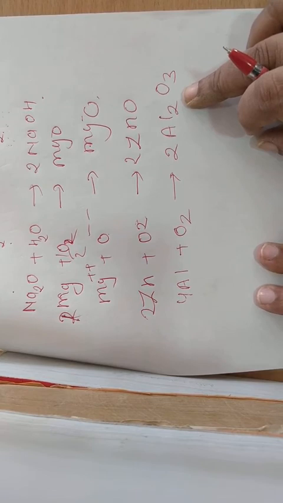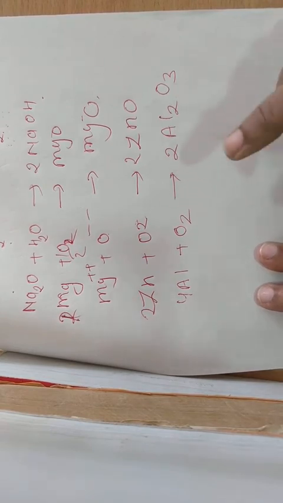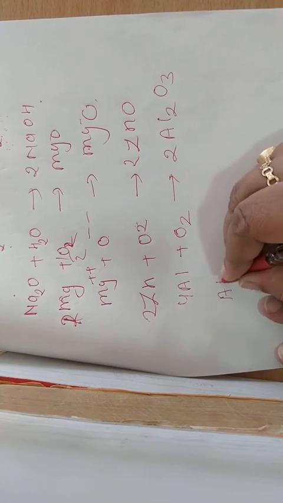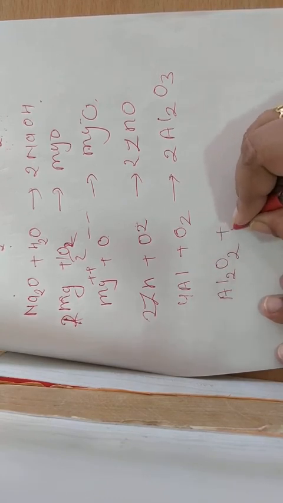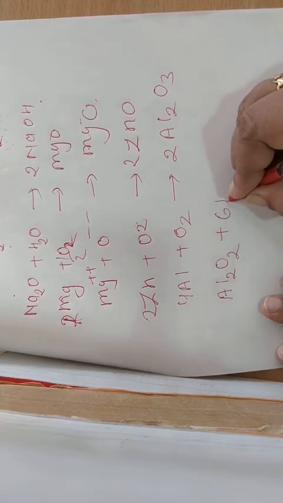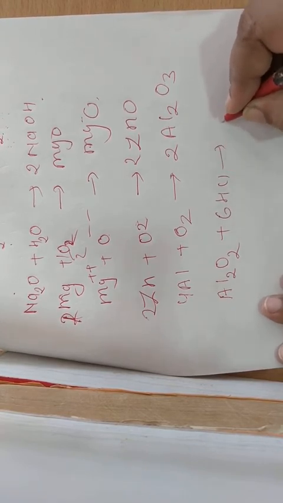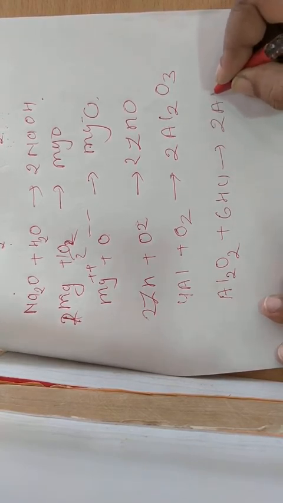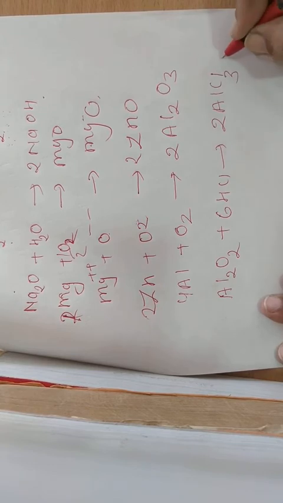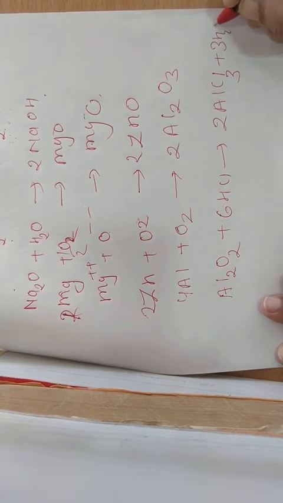Now come to the reactions of this alumina. You have already read this in an earlier chapter. If alumina reacts with an acid such as HCl, hydrochloric acid, it forms aluminium chloride with 3 molecules of water.